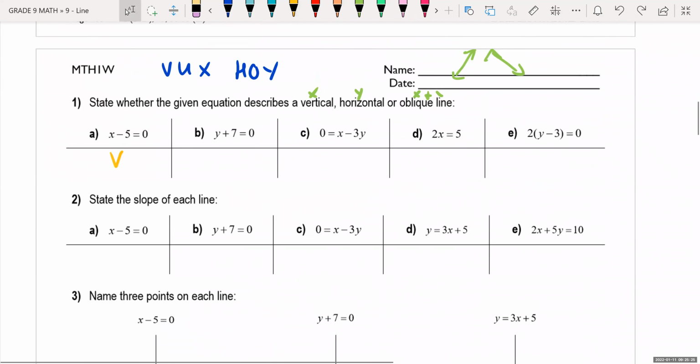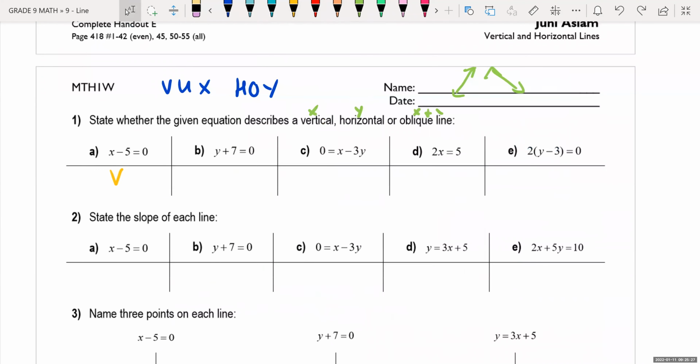How about the next one? Y plus 7 is equal to 0. Vertical, horizontal, or oblique? That is going to be horizontal. Good. How about the next one? 0 is equal to X minus 3Y. That's going to be oblique. Yep. The next one is 2x is equal to 5. It only has an X, so it's only going through the X axis.